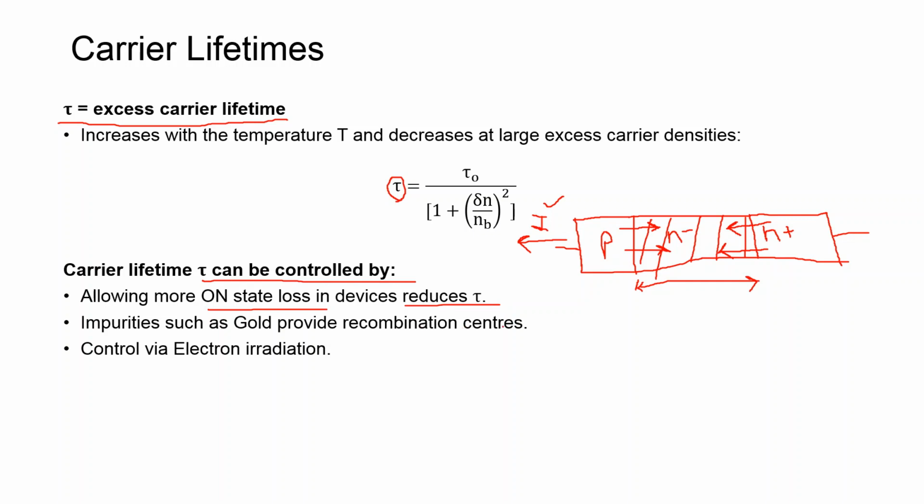Then there are other methods where we provide some centers for recombination of these charges. For example, we provide gold as the impurity in the semiconductor material to act as a recombination center. Also, we can control this excess carrier lifetime tau by electron irradiation. So there are different methods which are used to control tau, so that a device can be switched off quickly.